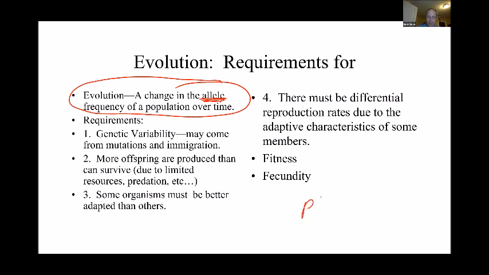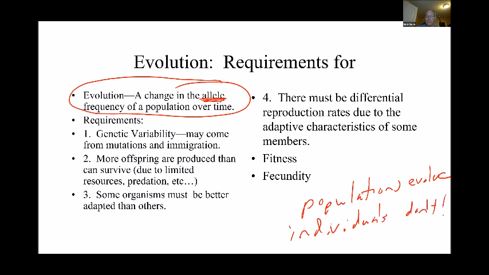And note that populations evolve, individuals don't. You cannot evolve. Individuals don't evolve. The group evolves. Individuals do not. So we have some requirements for evolution to take place.